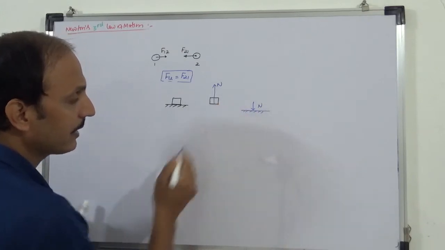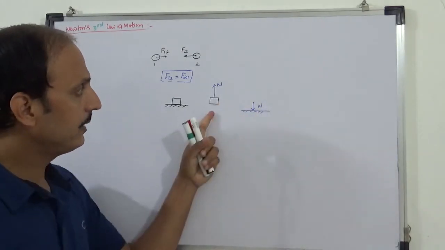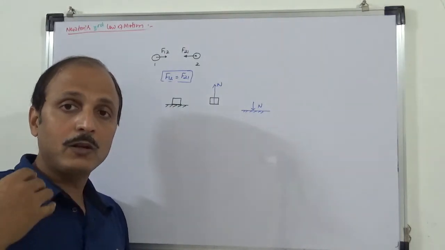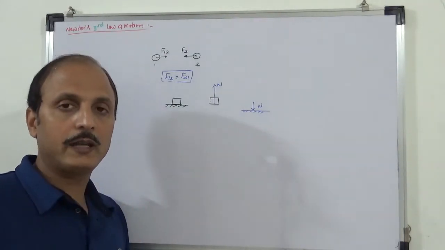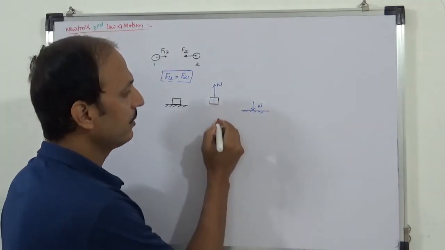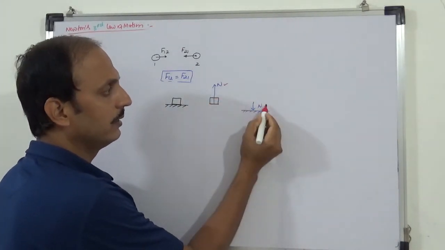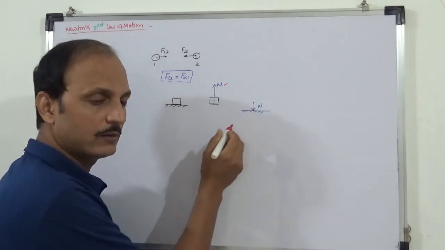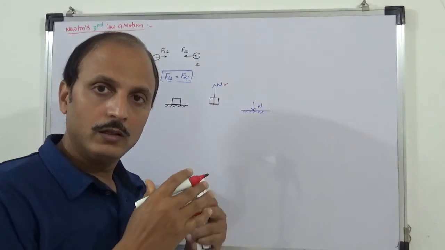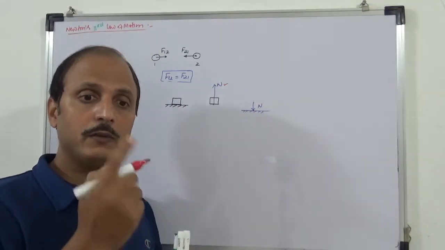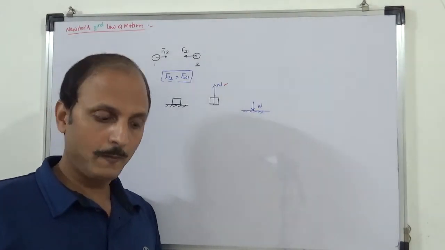So this is action and reaction. One force can be called action, the second force can be reaction. They are always acting on two different objects. Whether contact forces or field forces, any force will always be equal and opposite.